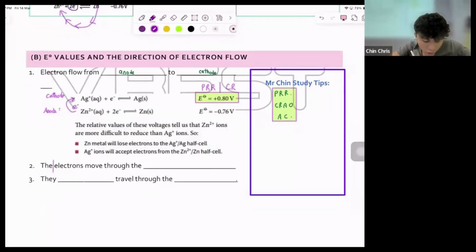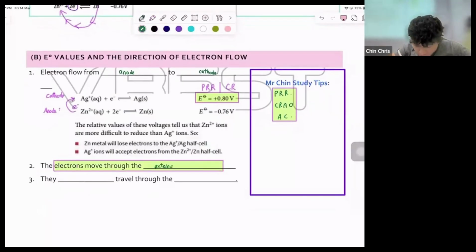And guys, where do the electrons flow, right? Electrons always move through the external circuit, which is the external wire. Okay, so they do not travel through the salt bridge, remember, yeah? Salt bridge is for ions, it's never for electrons.